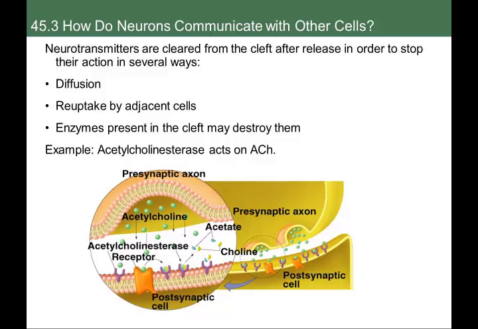Acetylcholinesterase is basically bound here to the cell membrane of the postsynaptic cell. And so the acetylcholine will bind to the receptor, and then it will find itself bound to the acetylcholinesterase, where it will be destroyed and broken into its two component parts, acetate and choline. And there it can no longer function as a neurotransmitter.